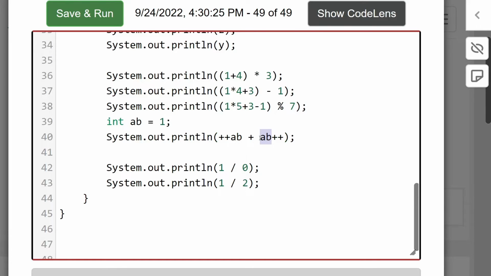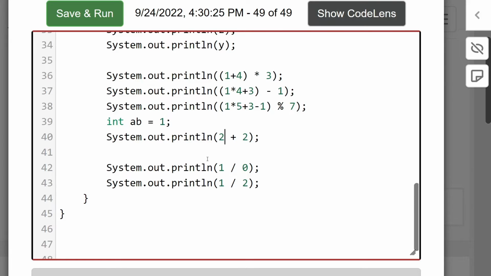So this means that the current value of AB is plugged in before changing what the value of this is, okay? Then this is done. So we have 1 plus plus, and the value of this is 2. And then we have plus plus 1, and the value of that is also 2. So the answer to this is 4.